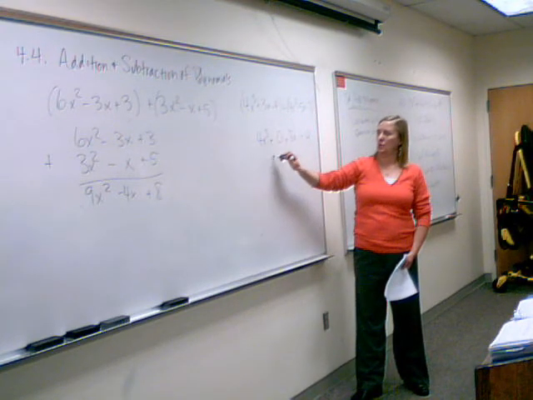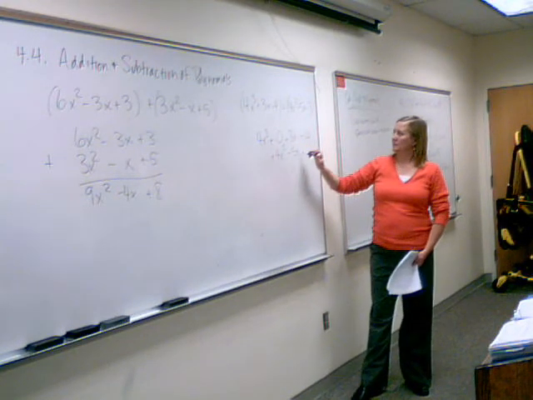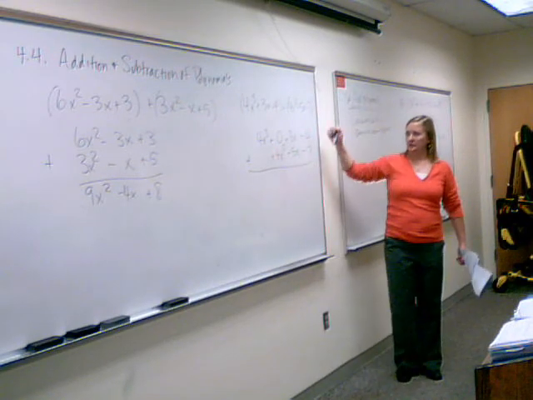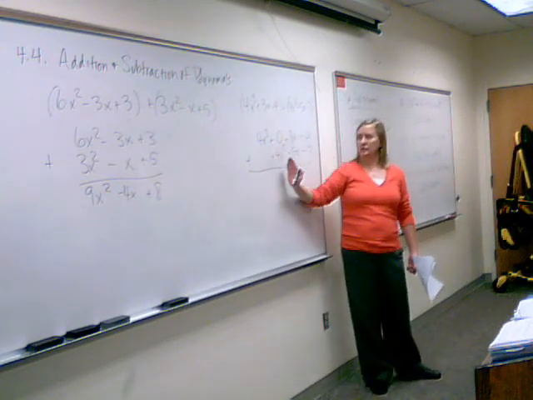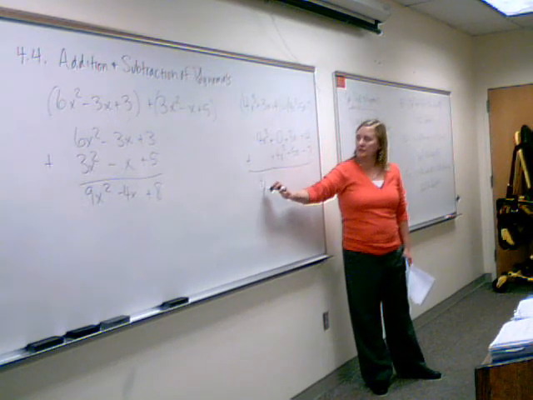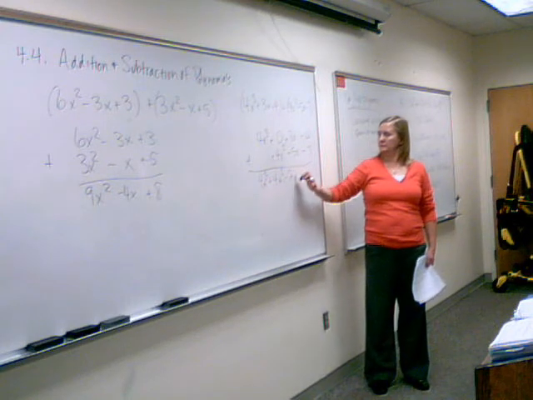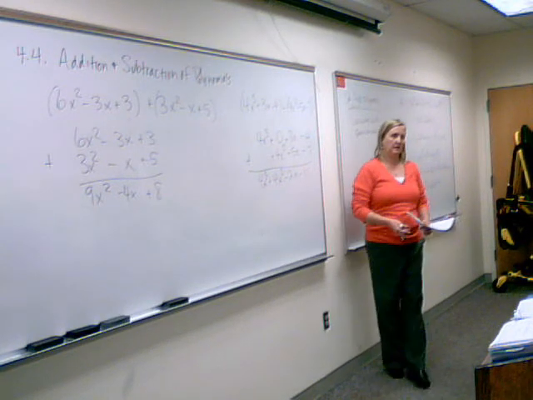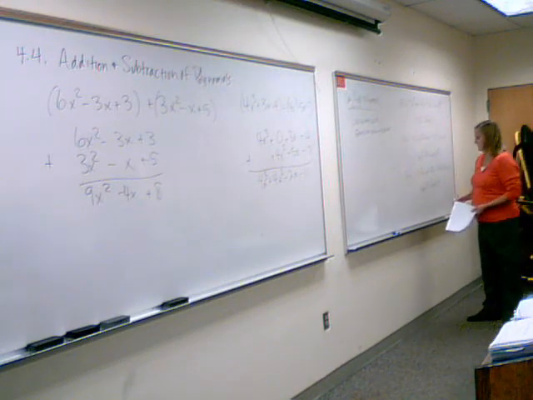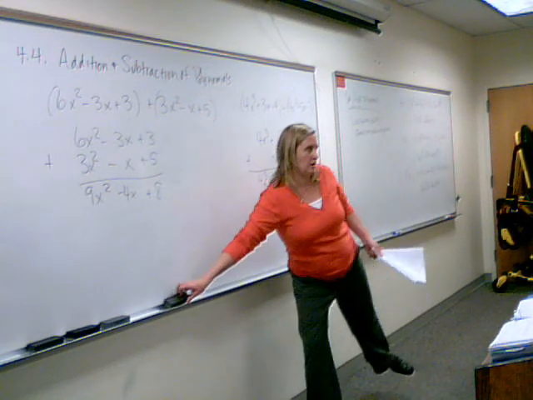So I have to hold a space for the x squared and a 0 here. Because if I'm lining them up vertically, I'm lining them up by term, so I don't want to put x squared underneath the x cubed. Now I can bring this straight down like that. So if you're doing them vertically, put 0 in as a placeholder if there's not that degree term in the problem.